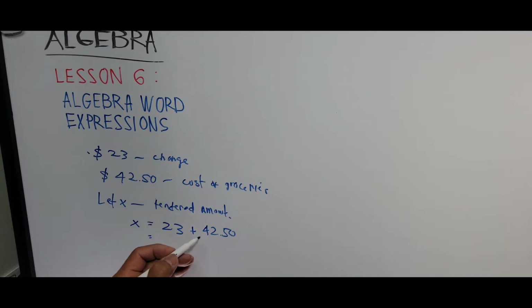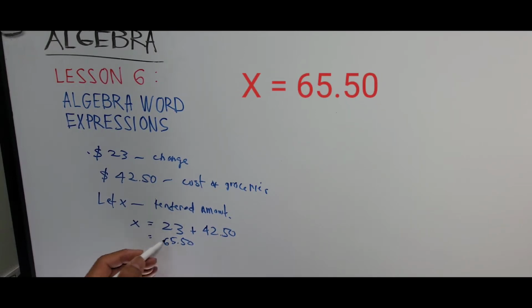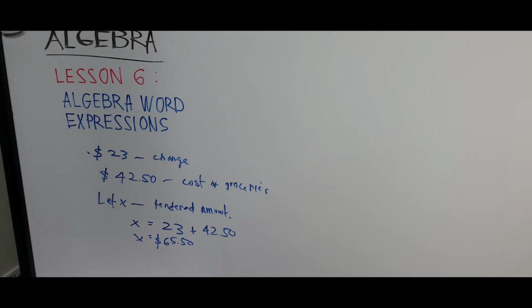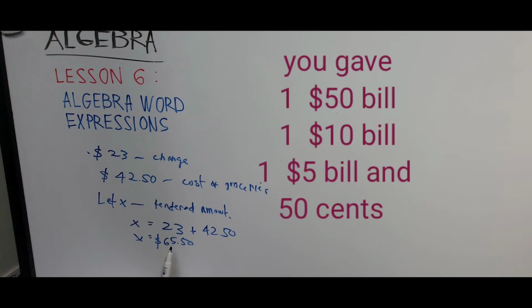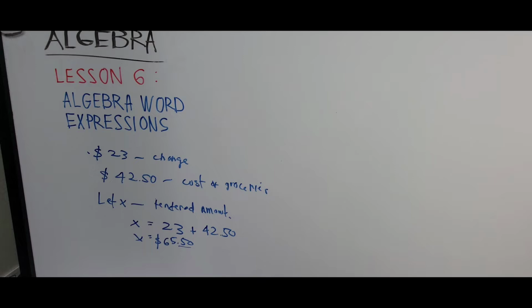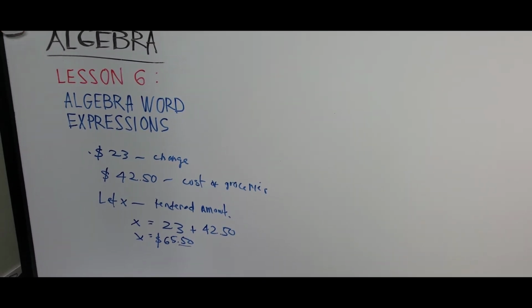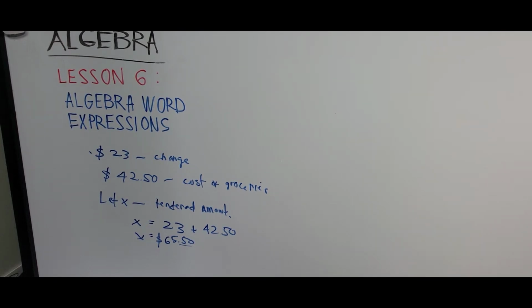So how much money did you give? 23 plus 42.50 is 65.50. That's the value of x. That's the amount of money you gave the cashier. You gave 50, 10, and $5 bills and some coins, 50 cents. That's how to translate that one right there. That's a real-life application of algebra, right?